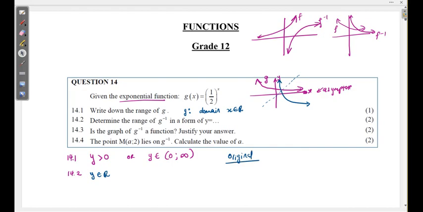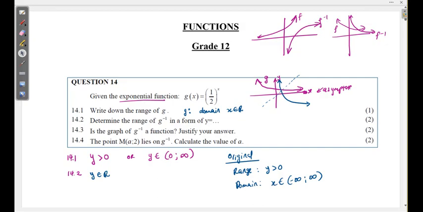The original says that the range is y is greater than 0, while the domain is x is an element from negative infinity to positive infinity.